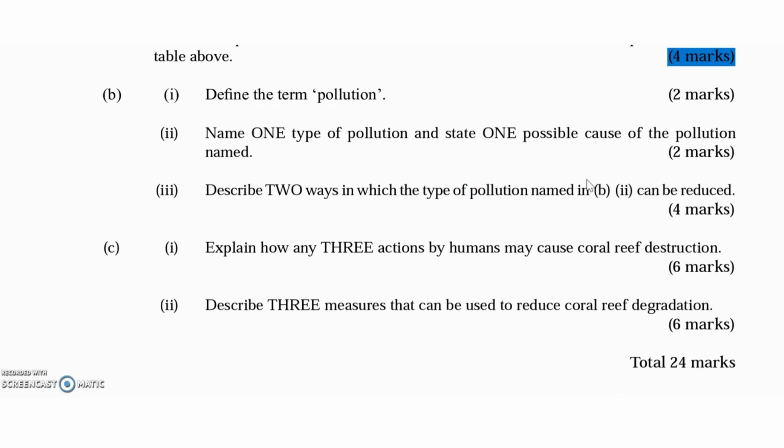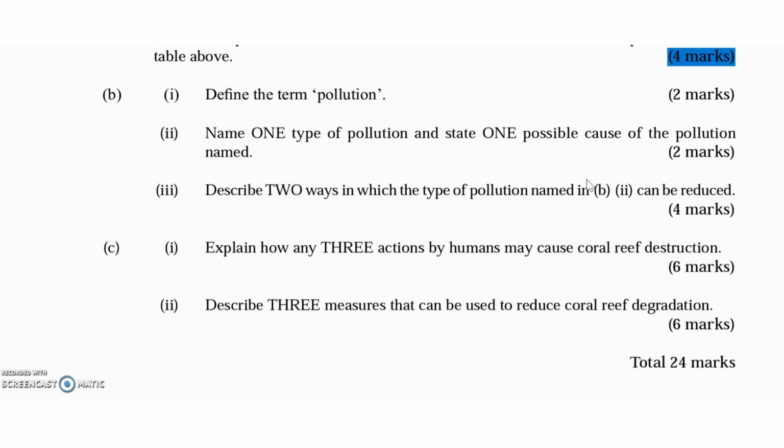Now, part 3 is to describe two ways in which the type of pollution named in B1 can be reduced. How can we reduce air pollution where the cause is industrial activities? We can simply employ the use of alternative sources of energy. Instead of utilizing fossil fuels, which can be combusted and produce a lot of particulate matter and soot into the atmosphere, we can utilize different forms of energy, either a combination of a few.